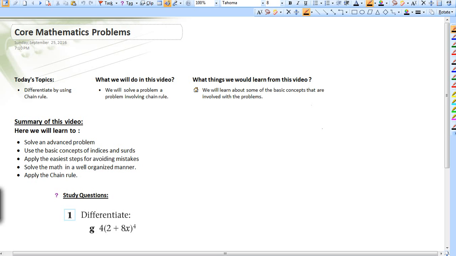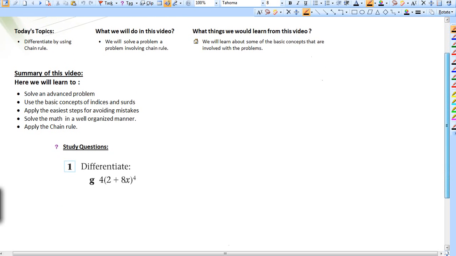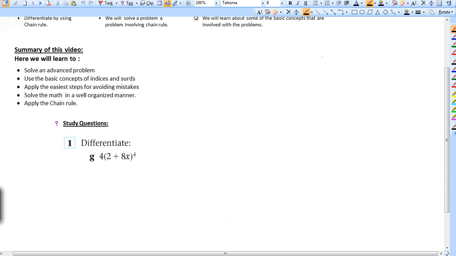So today's study question is to differentiate this. Let's solve this.